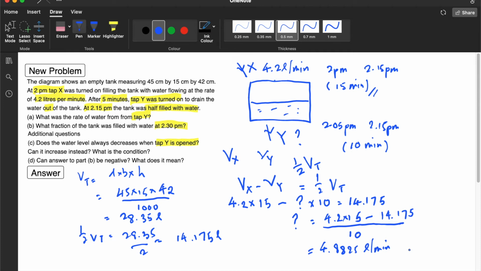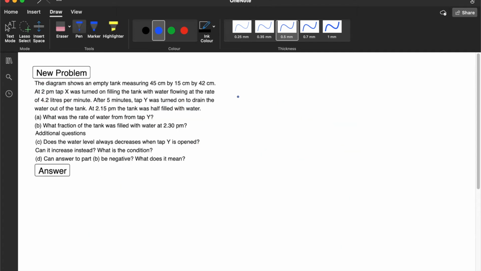Or if you are interested in the exact fraction, I think it is 1953 divided by 400. Okay, so that's the answer for part A. So now let's tackle part B. What fraction of the tank was filled with water at 2:30 p.m.?